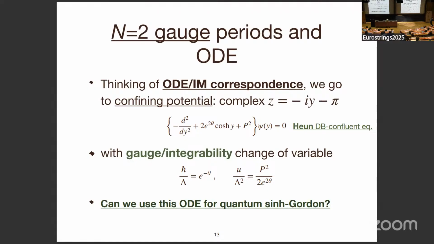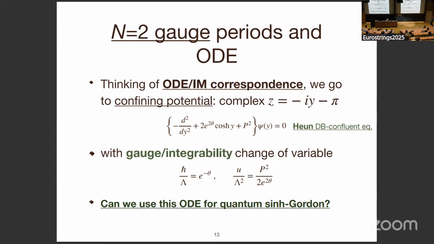First of all, we have to recast the equation a little bit in such a way that it is more suitable for integrability, just changing the potential to be a confining potential, and getting a map from gauge theory on this side. You have here the omega background deformation, the instanton coupling. This is the rapidity in the integrability world, and this is Coulomb.